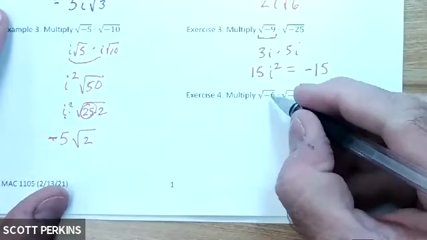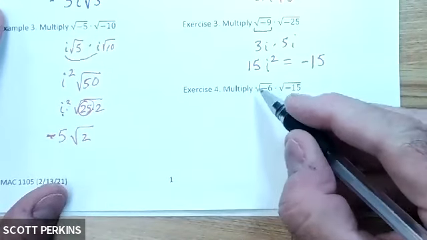Okay, so the first one, the square root of -6. What can I do to simplify the square root of -6?